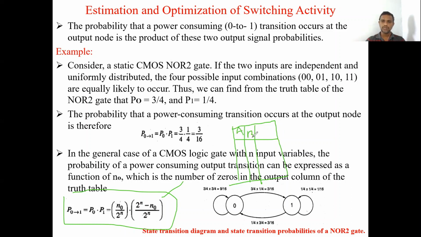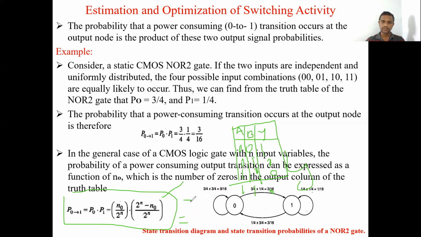A, B are the inputs and Y is the output. For 0, 0 we will get 1, for 0, 1 you will get 0, for 1, 0 you will get 0, and for 1, 1 we also get 0. So we have 3 zeros. If you substitute n naught equal to 3, and the number of inputs is 2, what will you get here?